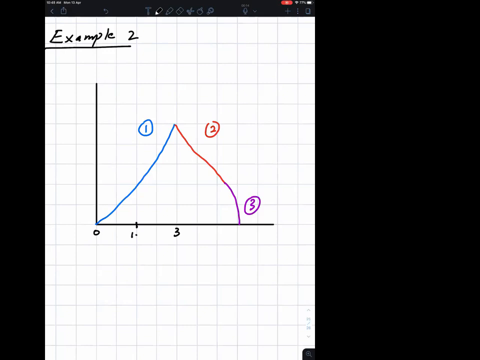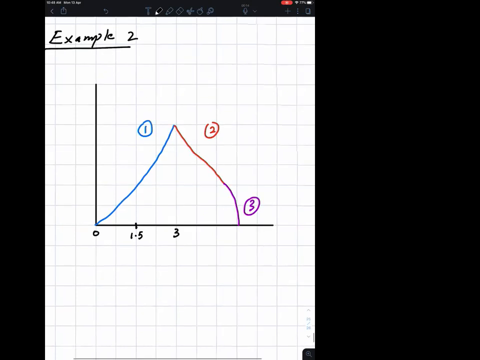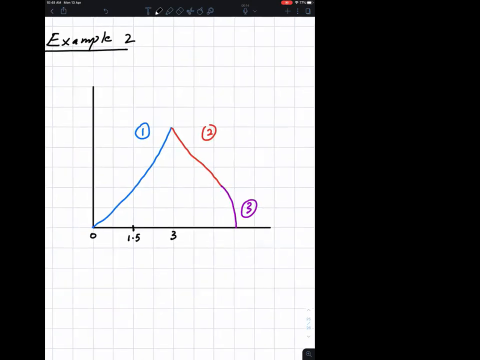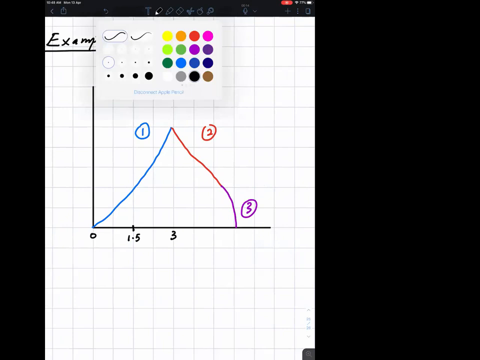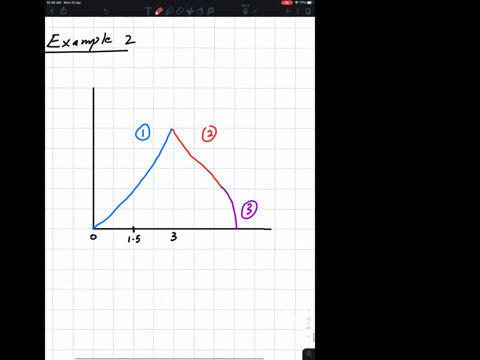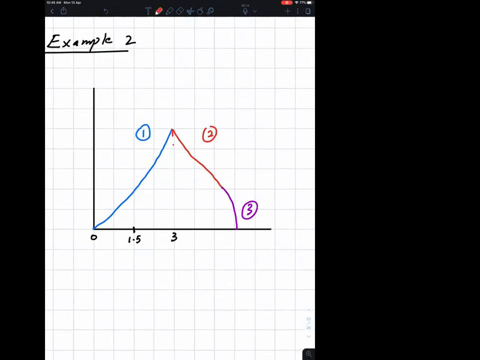Then we have another segment that starts at 3, which is called the red segment, and ends at 5.